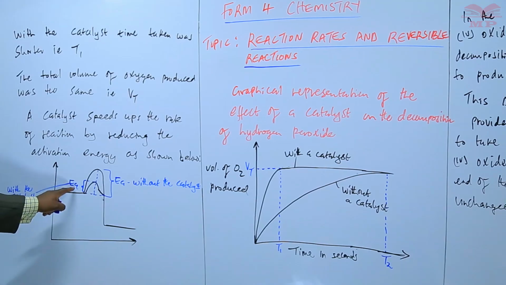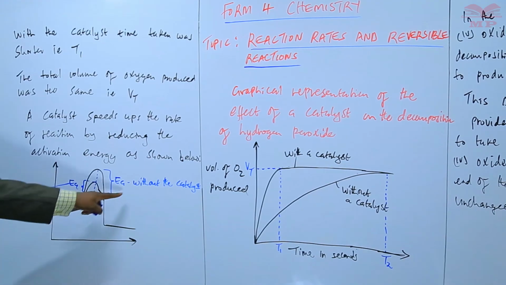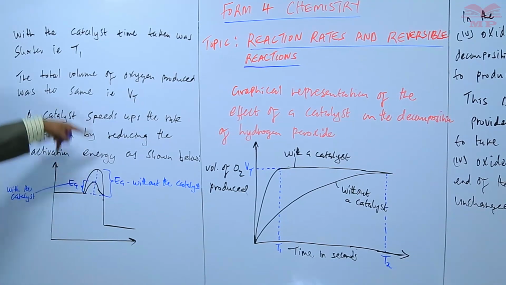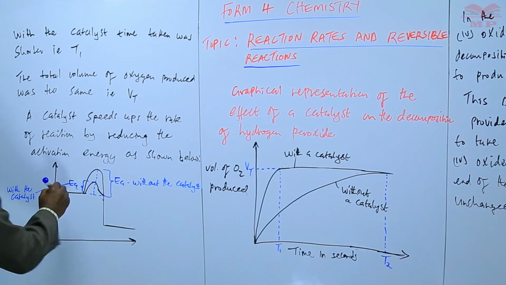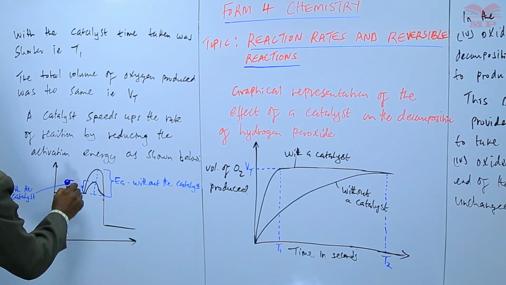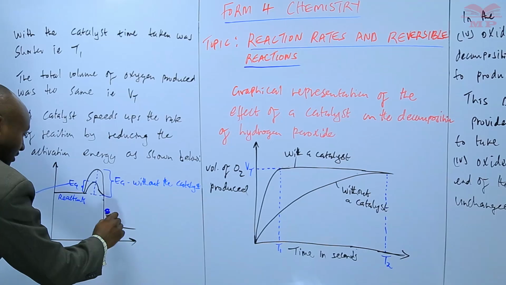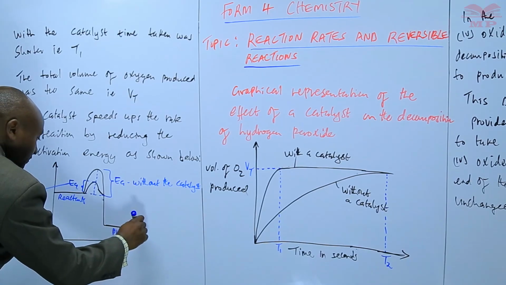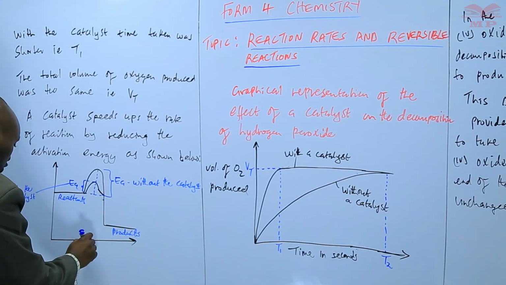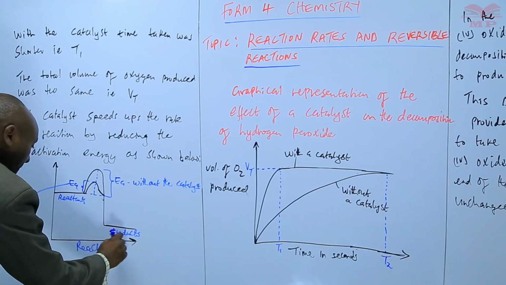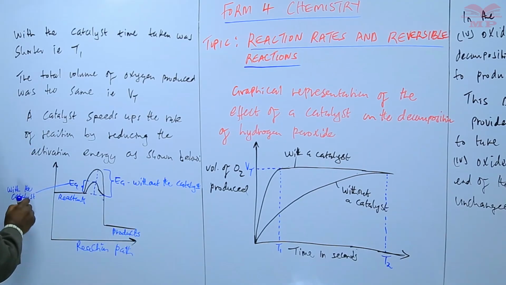So with the catalyst, the EA is smaller. But without the catalyst, the EA, or the activation energy, was higher. So these are the reactants, and these are the products. This is the reaction path, and this is the energy.